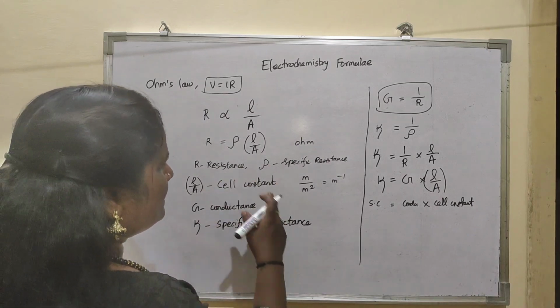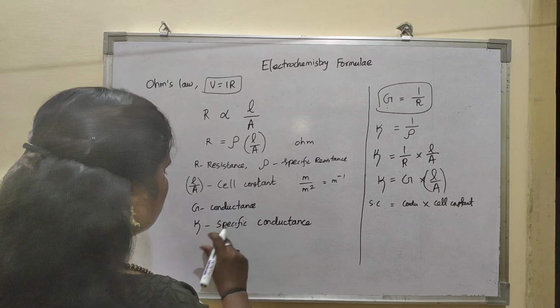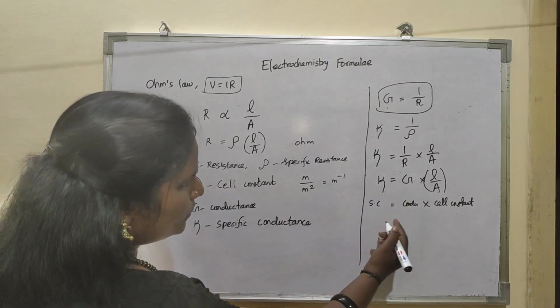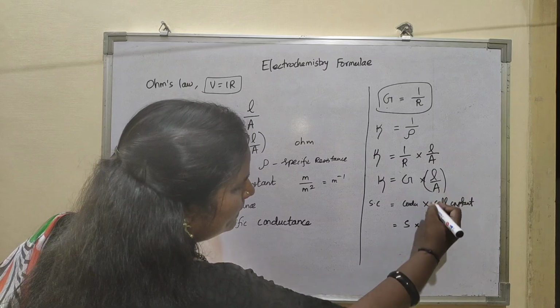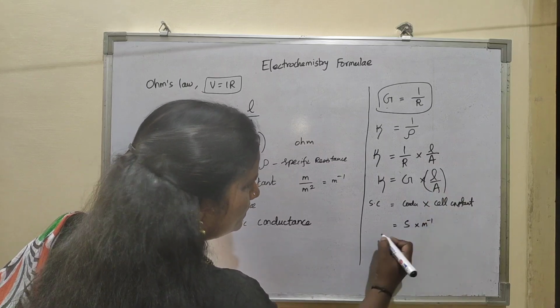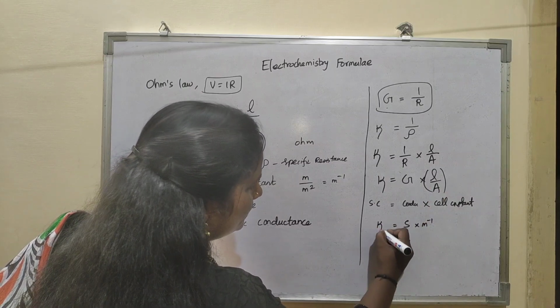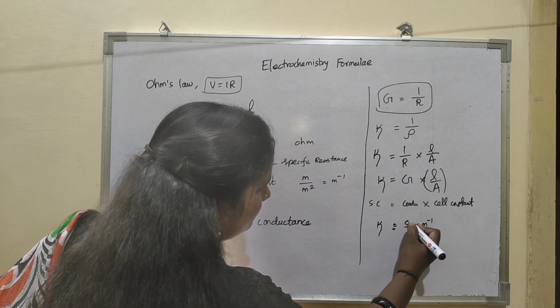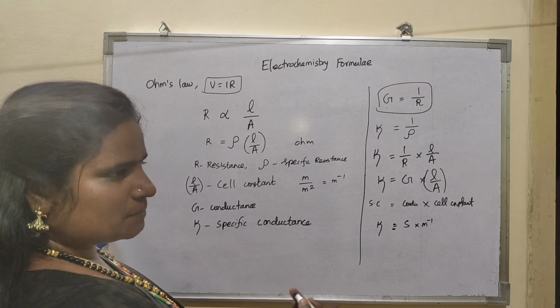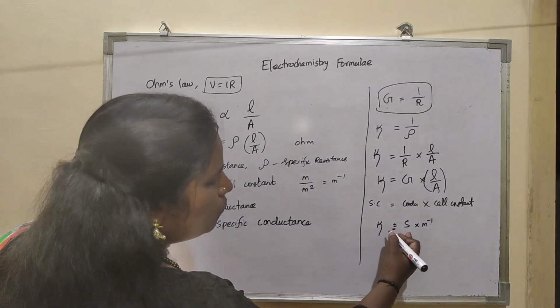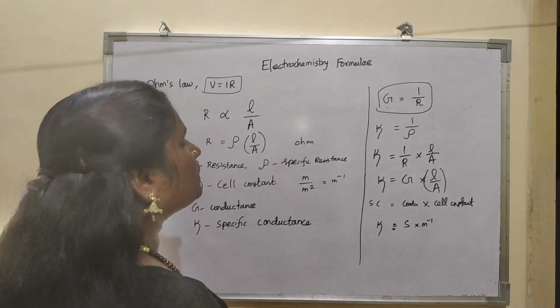Upon cancelling, we get the ohm. For kappa, the conductance unit is Siemens, and L by A has the unit of meter inverse, so kappa's unit is Siemens meter inverse. Small s means seconds, capital S means Siemens, the conductance, or we call it ohm inverse or mho.